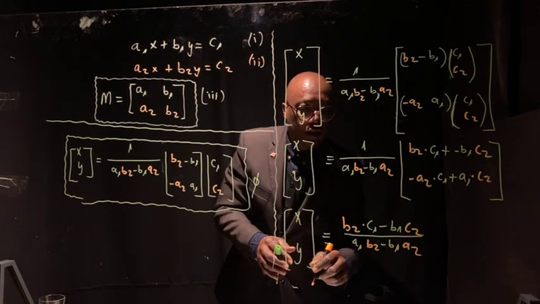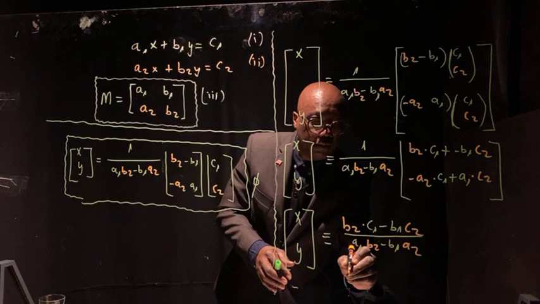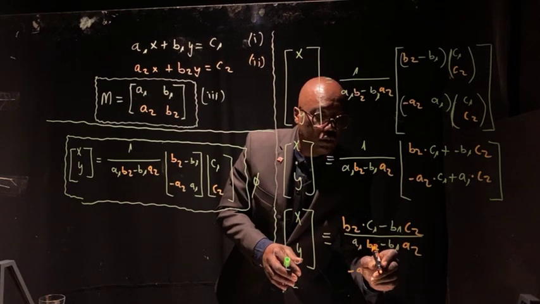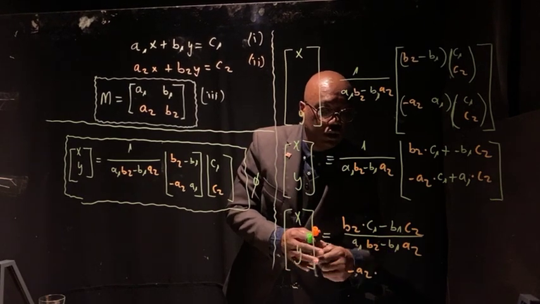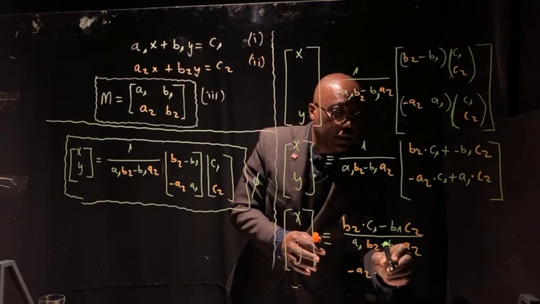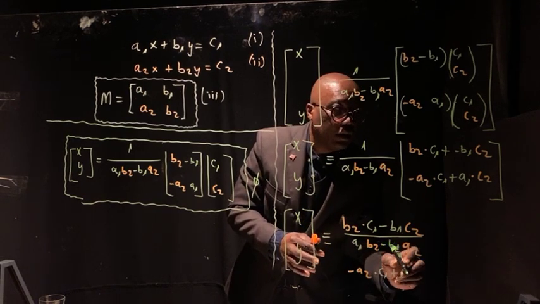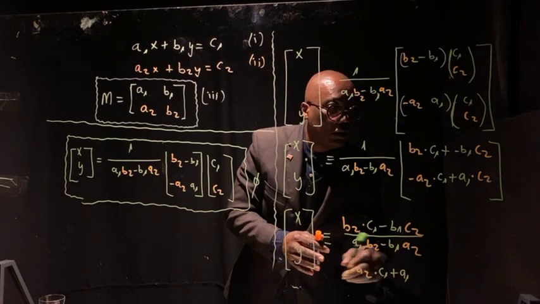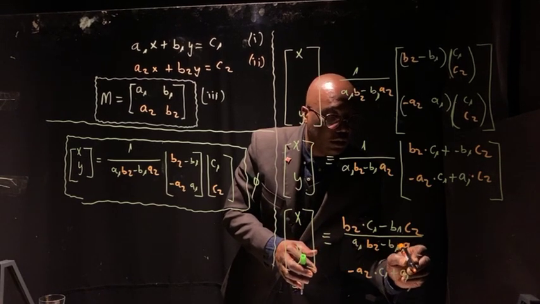And the next one is minus a2 times c1 plus a1 times c2.